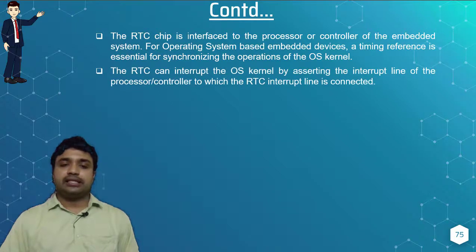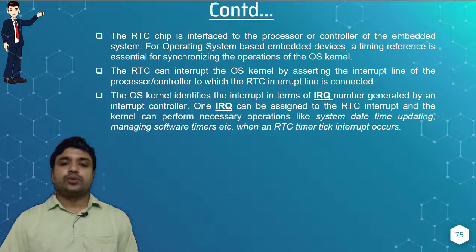Next, the RTC can interrupt the OS kernel by asserting the interrupt line of the processor or controller to which the RTC interrupt line is connected. What it means is the response of an RTC can be known as an interrupt to the OS kernel section by asserting the interrupt line. Whenever the RTC needs to be reset or something needs to be done with the RTC section, the response is given directly by interrupt to the OS kernel using the interrupt line.